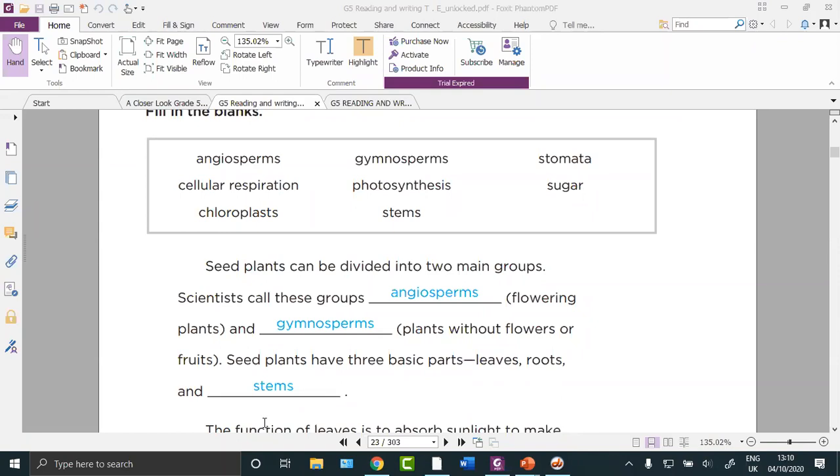The energy of sunlight is captured by chloroplasts and used to combine carbon dioxide and water. The carbon dioxide comes into the leaf through stomata.